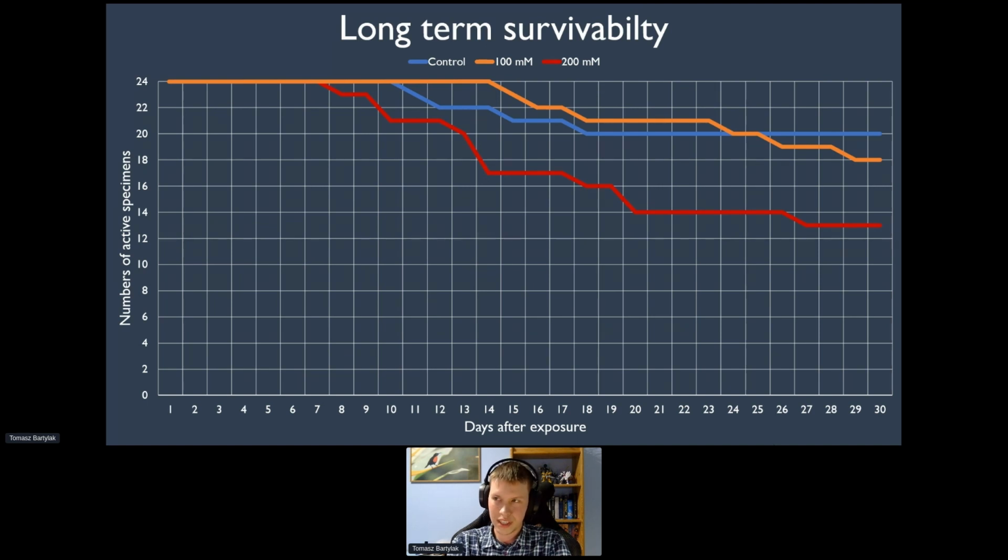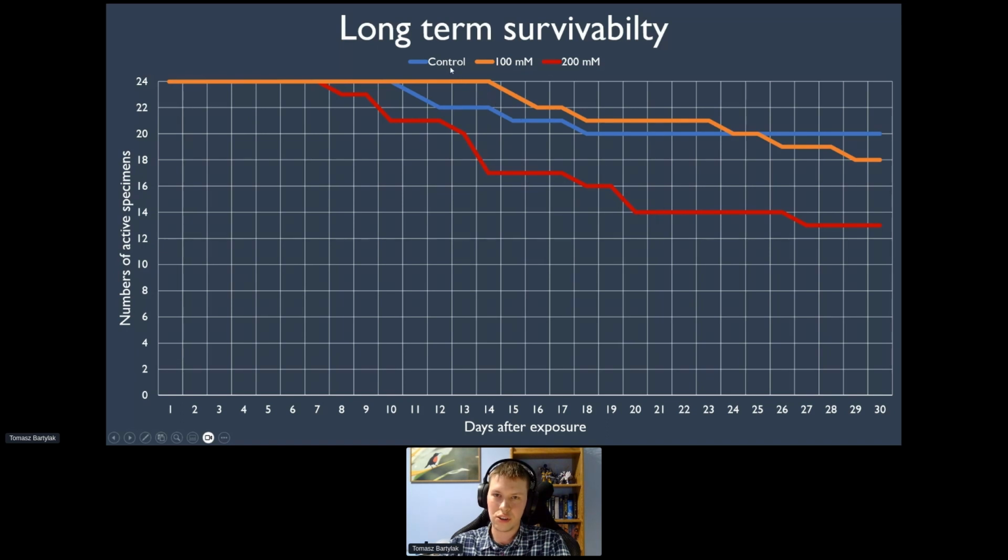To stress it once again, because it's very easy to mix up, in this case they were subjected to the poison only one time, for about an hour, and then they were put into water. As you can see, at first it was all good. There were no changes. However, after around a week, especially the highest concentration began to die off.